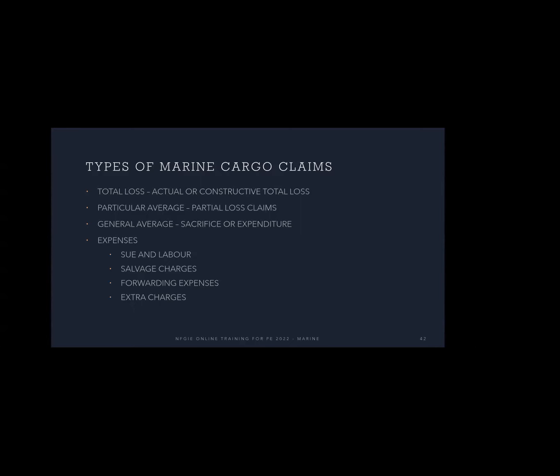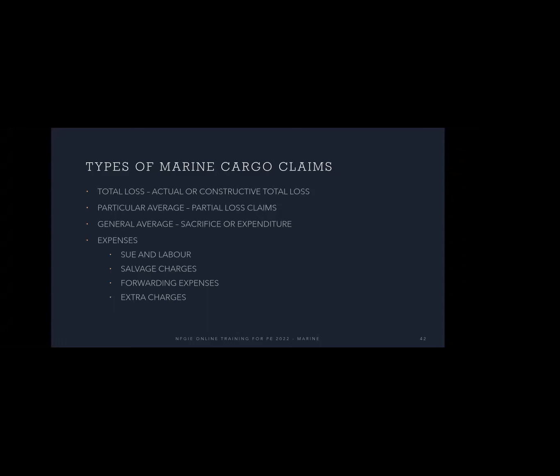Then we have particular average or partial loss claims. In particular average, we generally use one formula. If you want, you can take down that formula. It is gross sound value minus damaged value, divided by gross sound value, multiplied by sum insured.